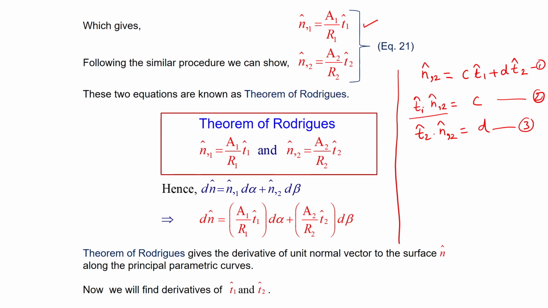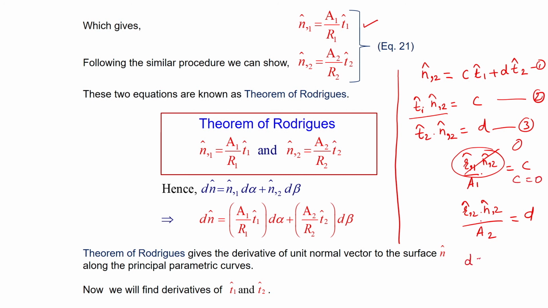Then T1 is r comma 1 upon A1, n comma 2 is equal to C, and this one is r comma 2 dot n hat comma 2 upon A2 is equal to D. These are orthogonal curvilinear parameters, so this is going to be 0. So C becomes 0. From here we can say that D is nothing but N by A2.